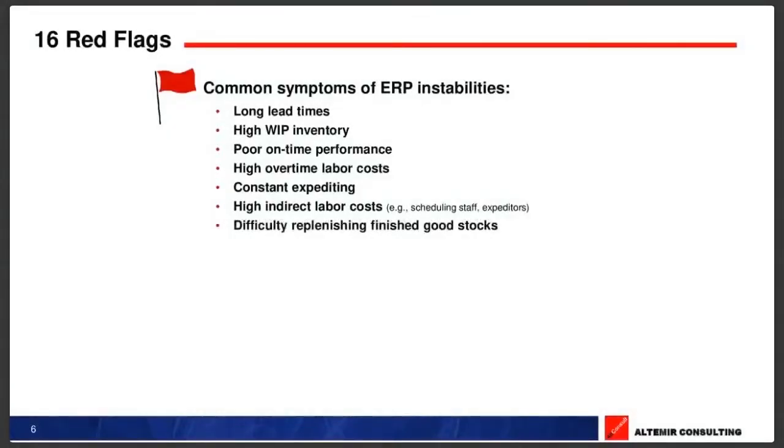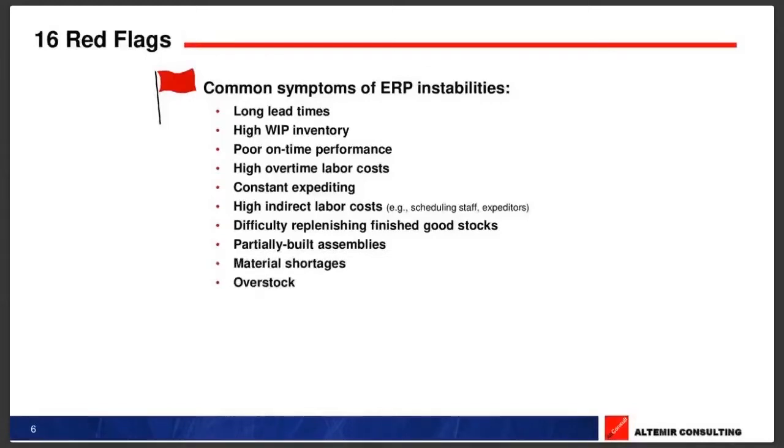Difficulty replenishing finished good stocks, partially built assemblies, that's a big one. If you're making products that are assemblies, and you have assemblies waiting around for different components or sub-assemblies to arrive before they can be completed, then that highlights a need for a higher level of coordination and production control and planning and scheduling.